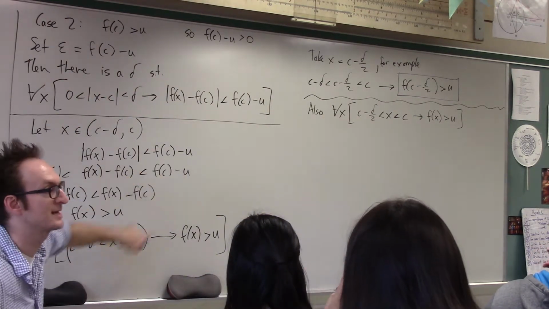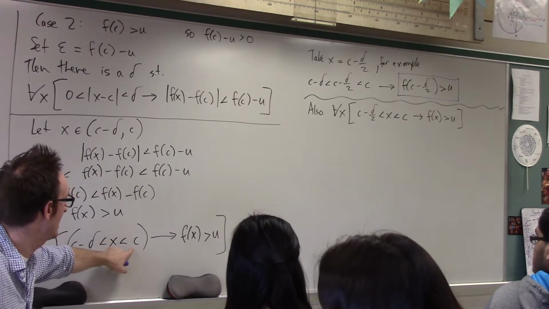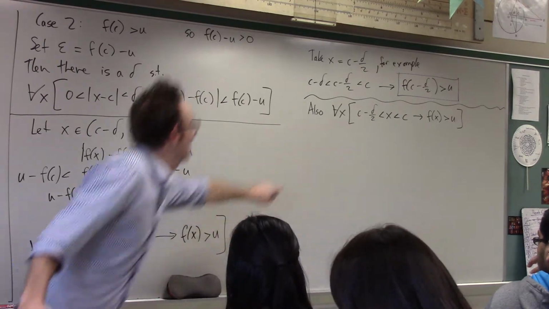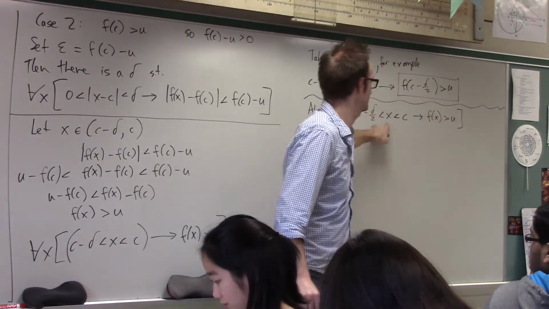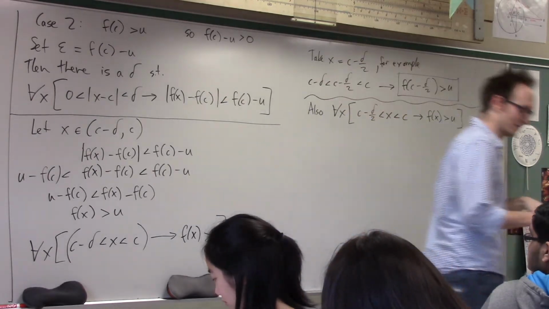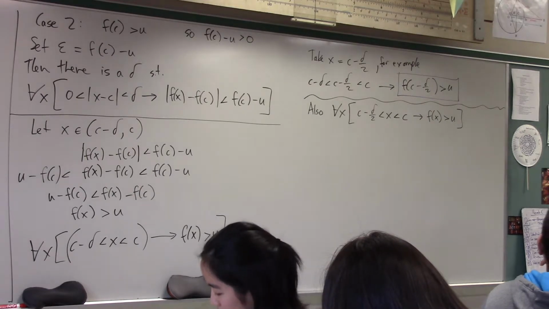Do you see these two sentences? This says everything between c minus delta and c lands greater than u. This just says everything between c minus delta over 2 and c lands greater than u. This is a smaller set of numbers, so that just follows. So now I've got some important facts.